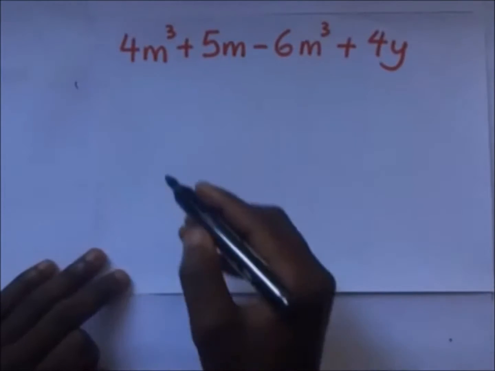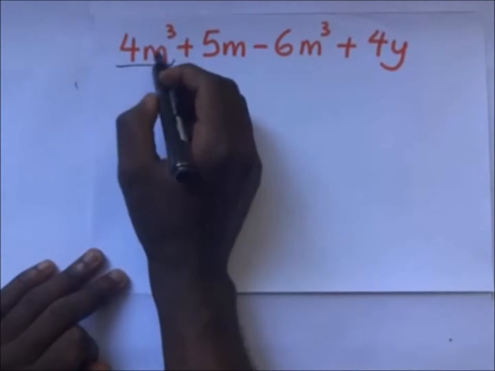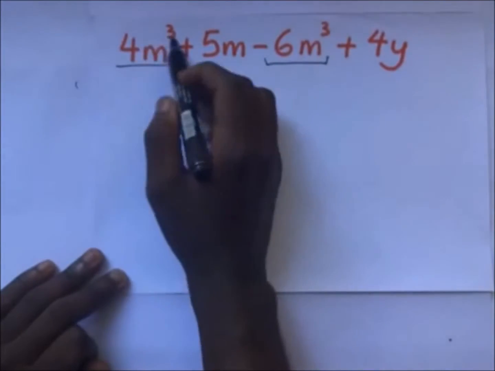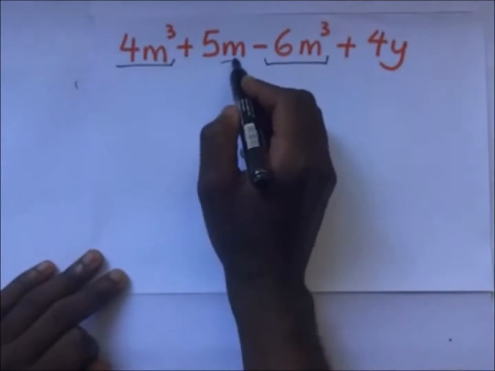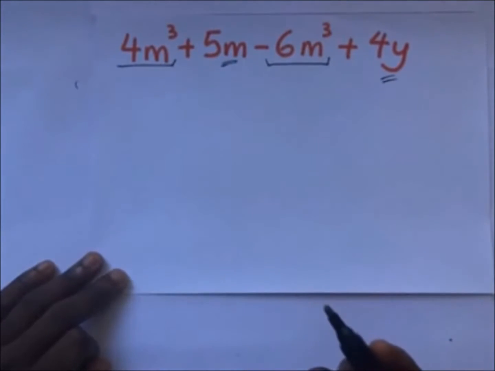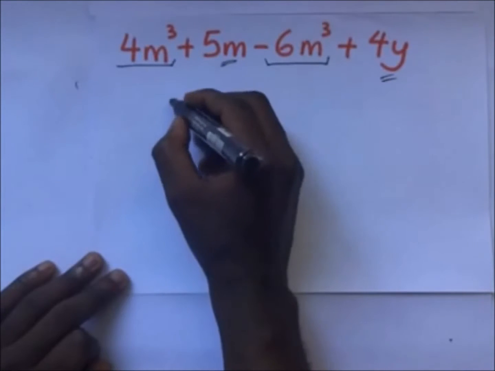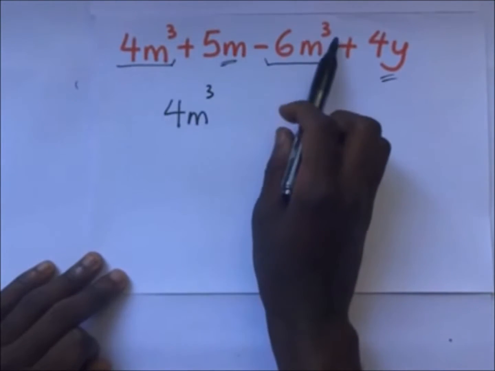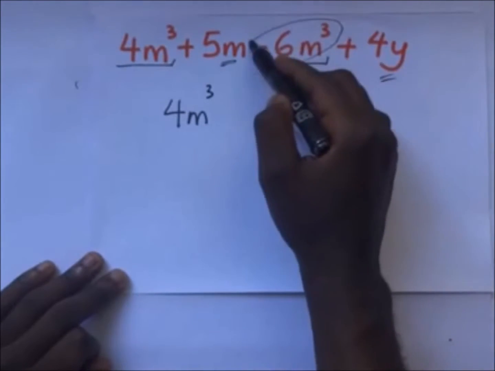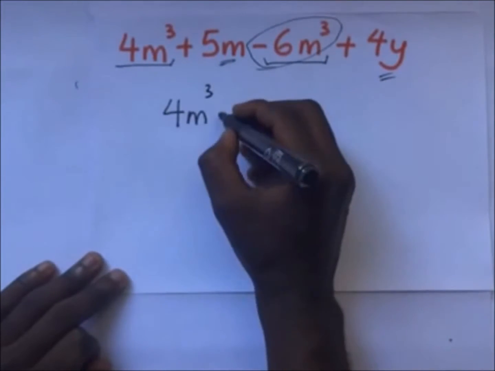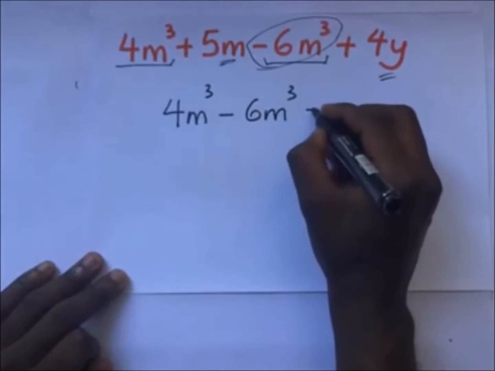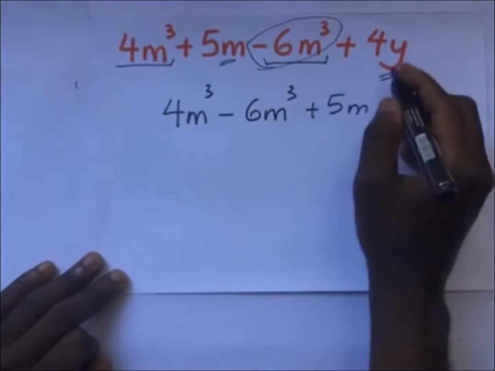Same as here, we have 4m cubed and here 6m cubed. This term and that term are like terms. Then this is 5m, it's on its own, and 4y is different from the rest. So to collect like terms here, it is going to become 4m cubed minus 6m cubed, then plus 5m plus 4y.